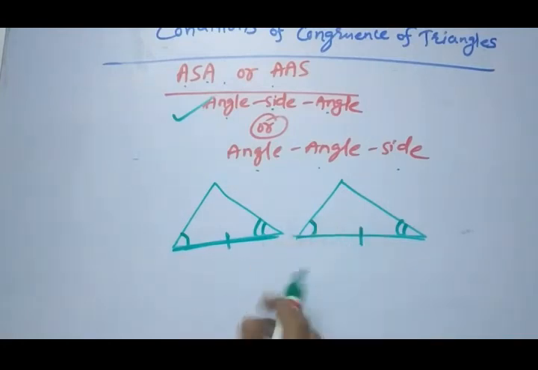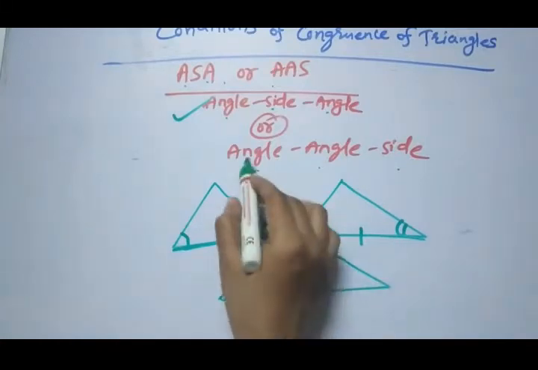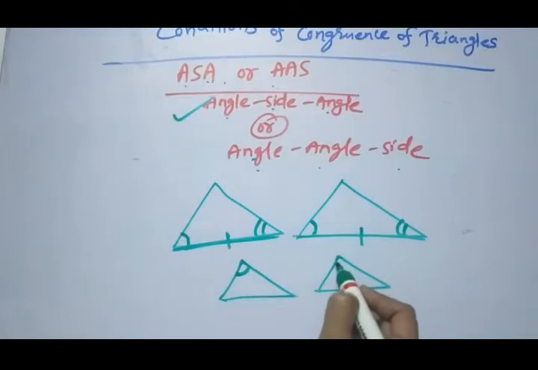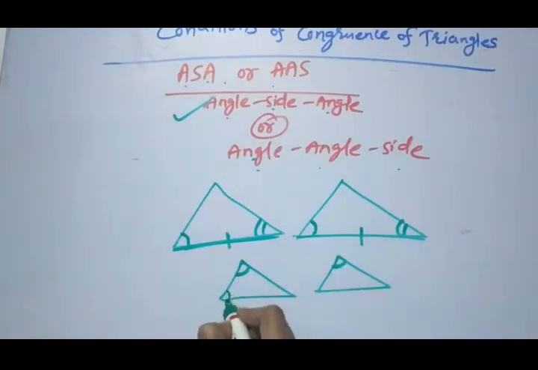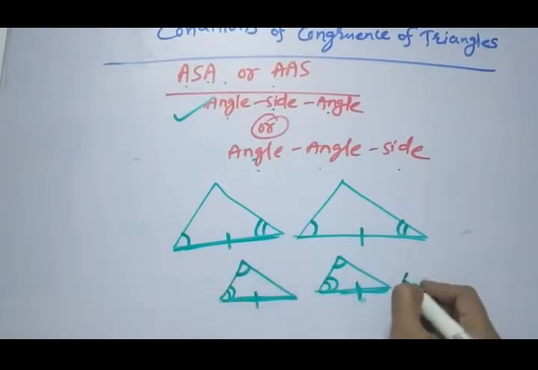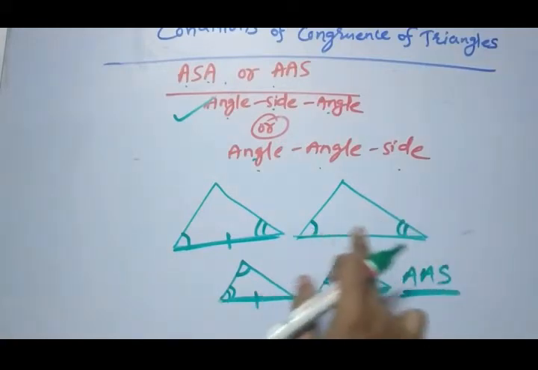And sometimes, suppose we are having two triangles, I am speaking about angle angle side. This is one angle corresponding to one angle of the other triangle, and this is another angle corresponding to the other, and now the side is there. This side is equal to this side. So this is the case of angle angle side.